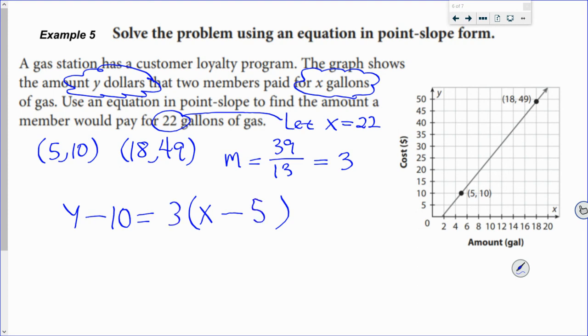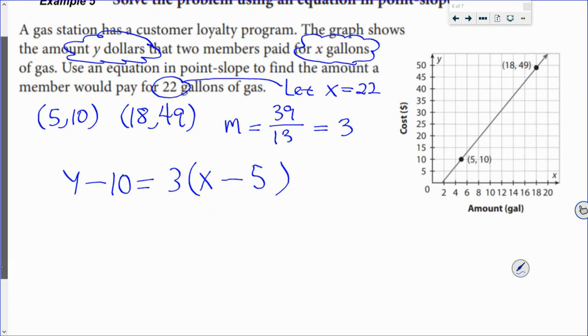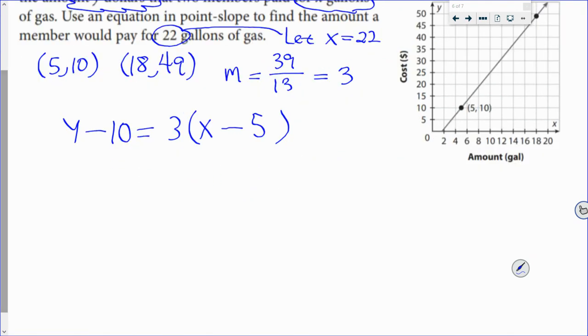So I've been asked to find how much it would cost if I pay for 22 gallons of gas, and I've told you to let X be 22, right? So y minus 10 equals 3 times x minus 5.